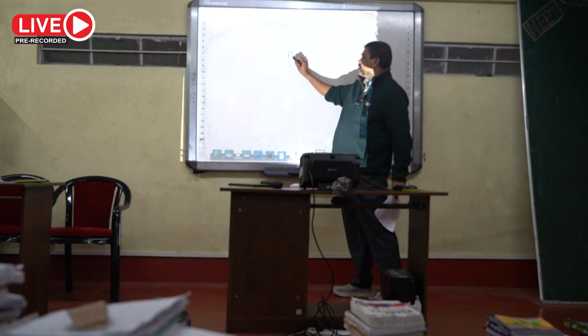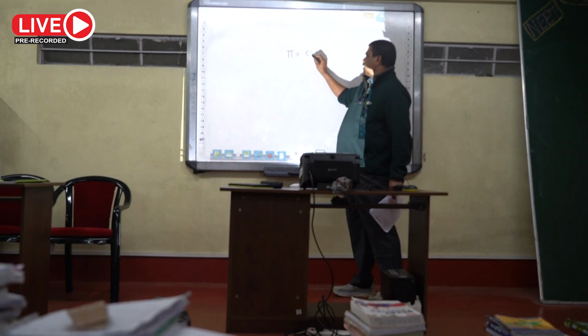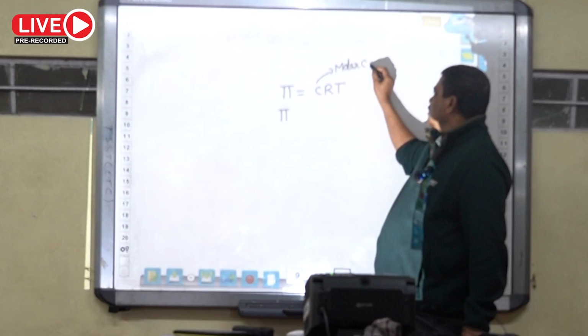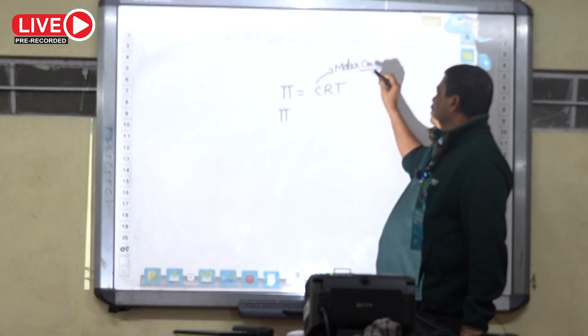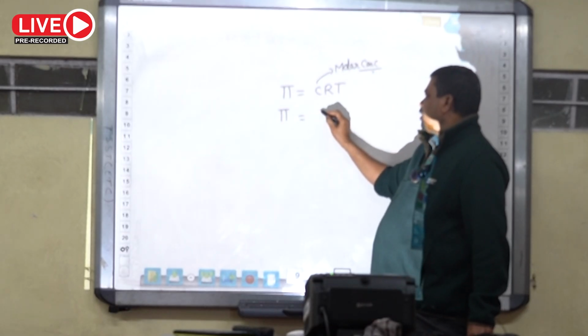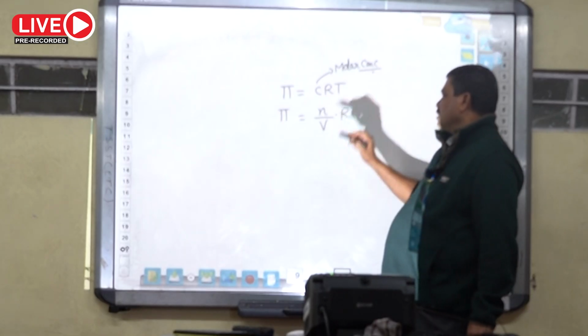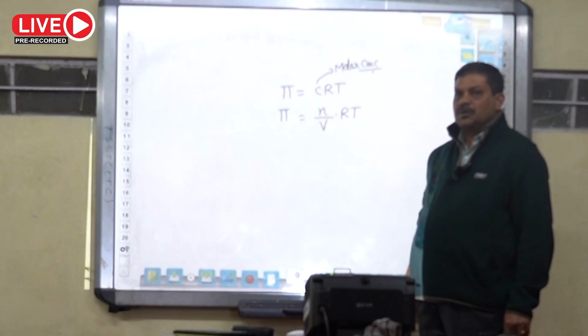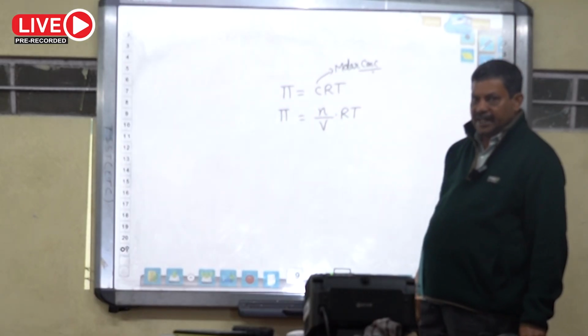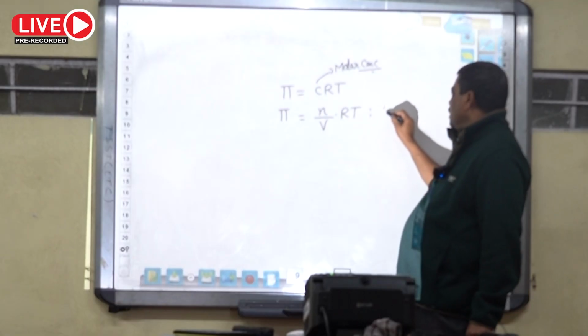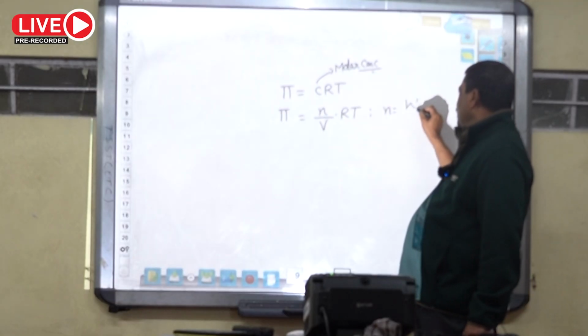Osmotic pressure pi is equal to CRT. C is molar concentration. So pi is equal to n by V into RT. Number of moles by volume is molarity. Or n is equal to weight by molecular weight.